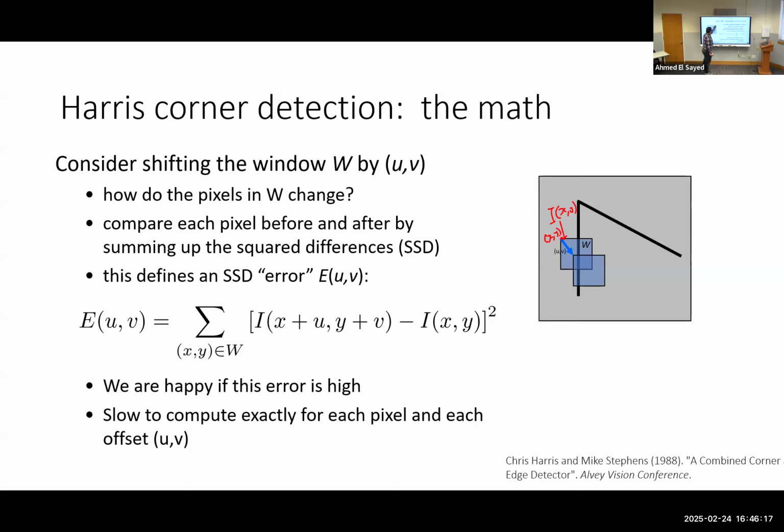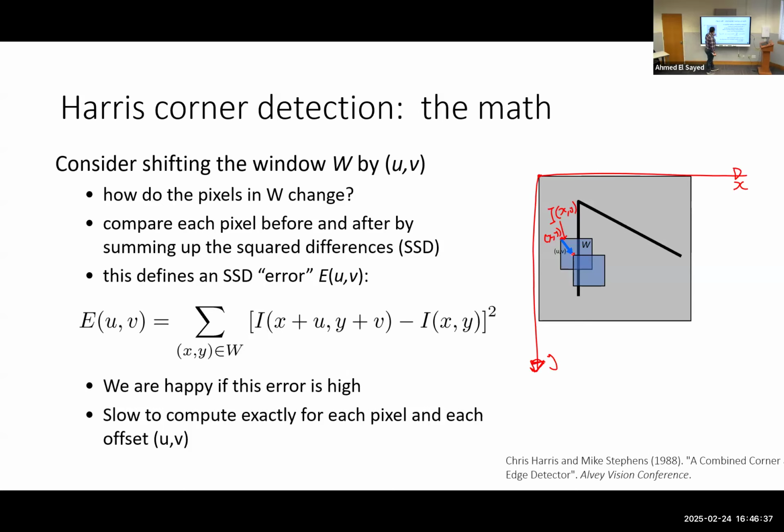Remember, where is my origin? Here. This is the x axis, and this is the y axis. So this shift or this change is in the positive direction of the x and positive direction of the y, not in the negative. Okay?